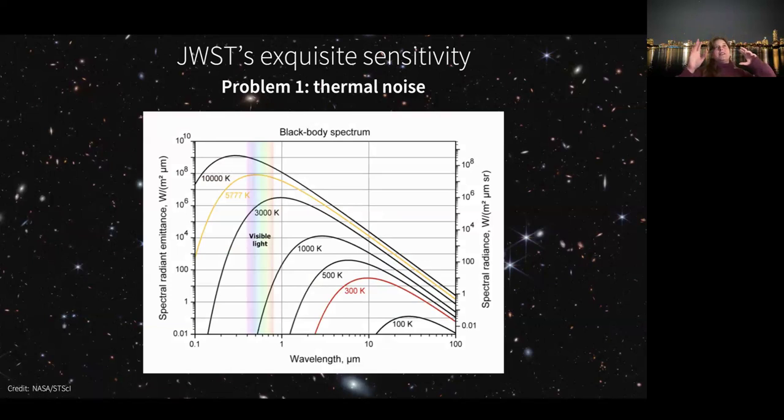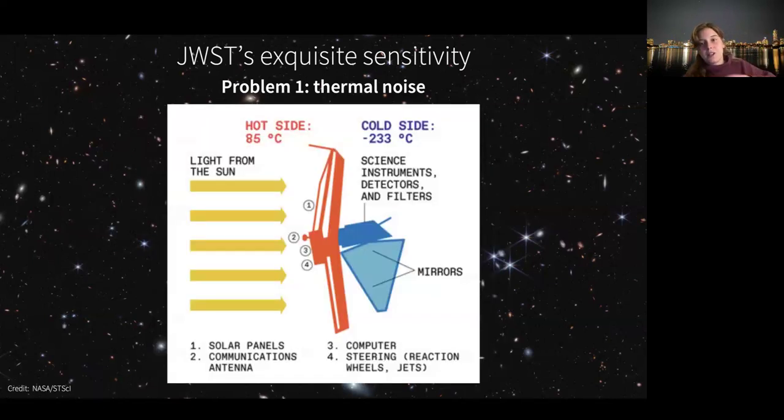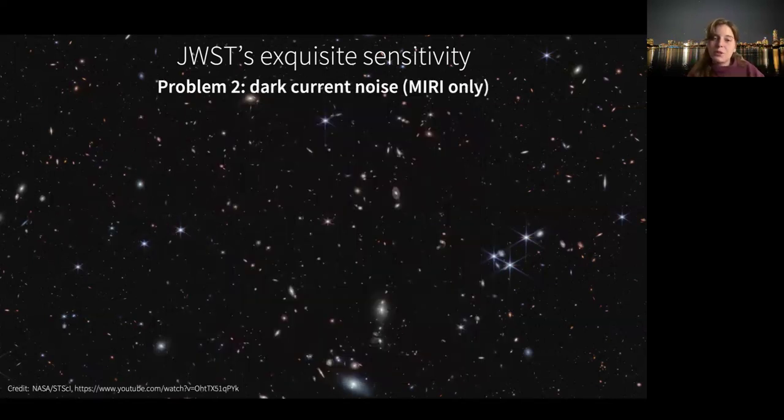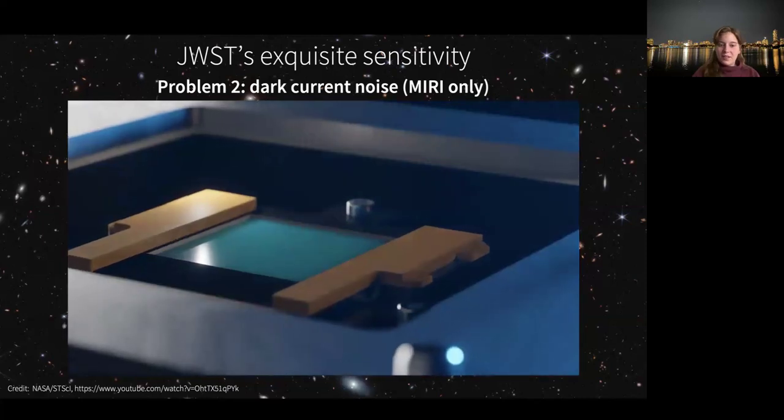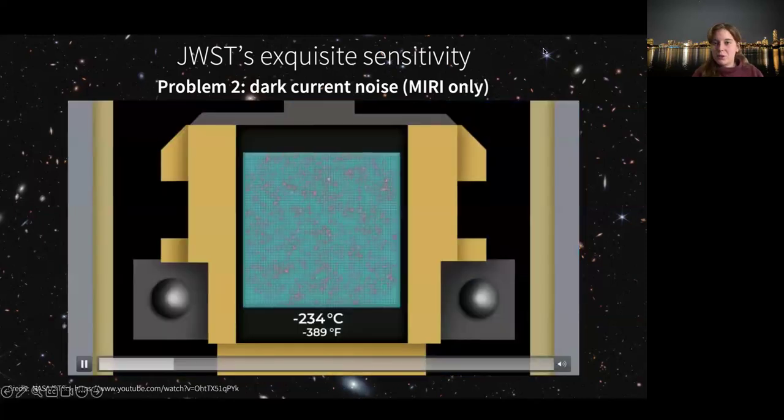One thing is that the readout electronics have a blackbody spectrum. But when you go to those temperatures, MIRI has a different problem, which is also a thermal problem, but it's coming from dark current noise. This is a video from YouTube I took to illustrate what dark current is.